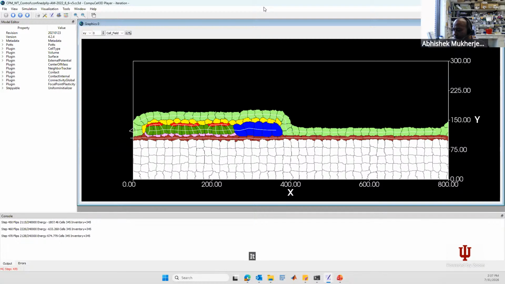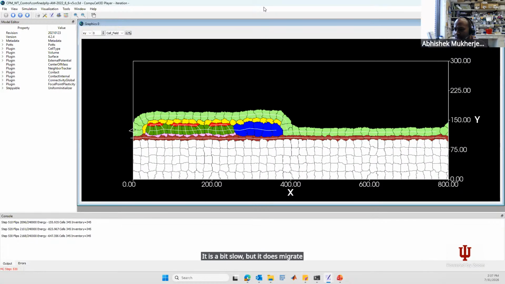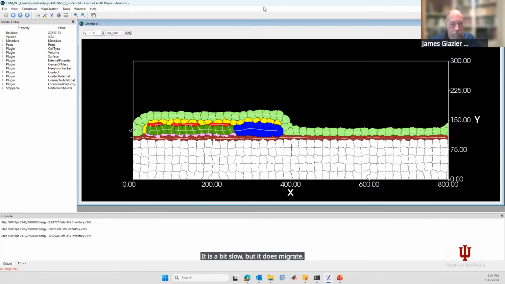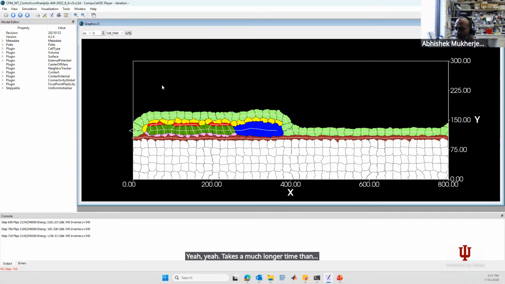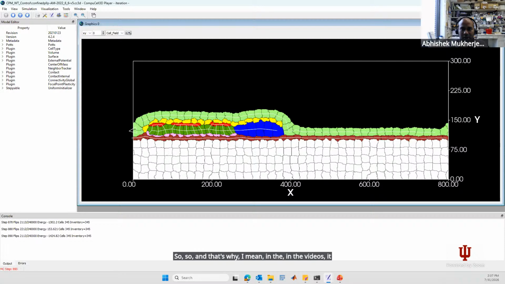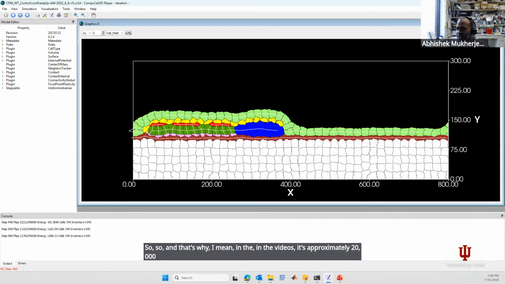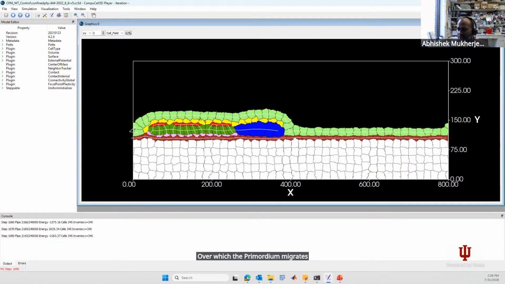It is a bit slow, but it does migrate. Well, so maybe we didn't wait long enough. Yeah, it's a much longer time. In the videos it's approximately 20,000 MCS over which the primordium migrates. So it takes a while.